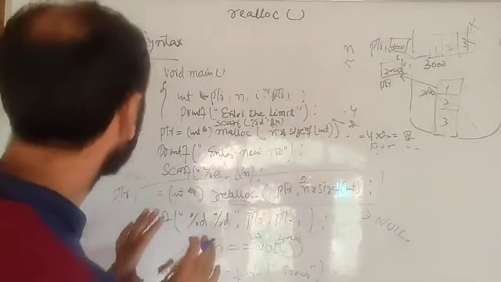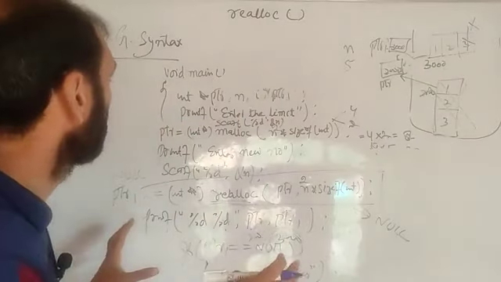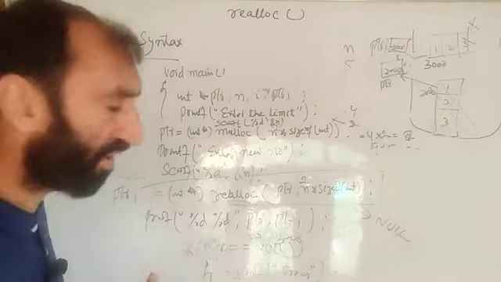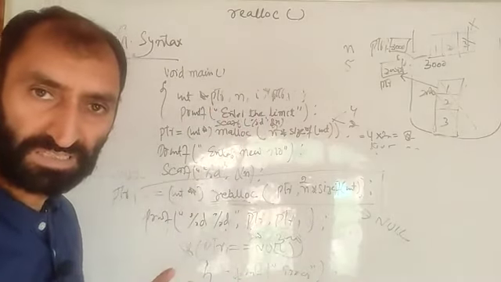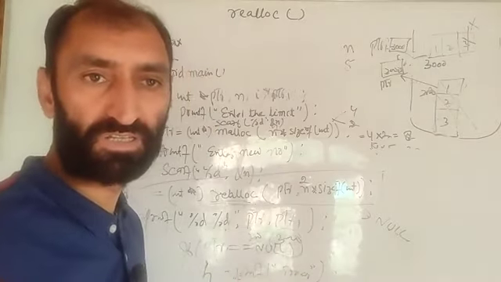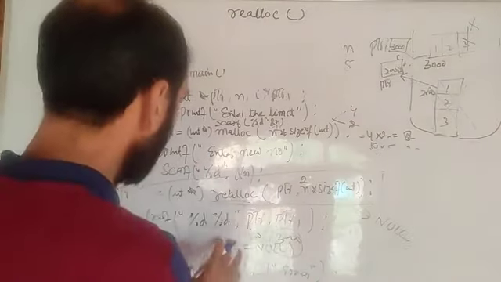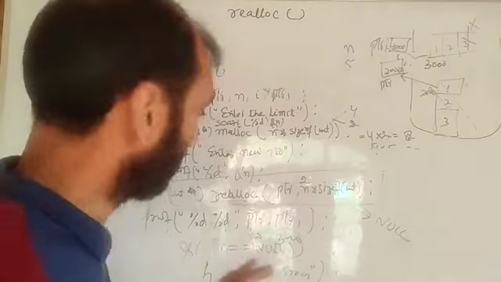I hope that you have now fully understood what the realloc function is, why we use it, what its syntax is, what its advantage is, and how it is going to be used in the program.